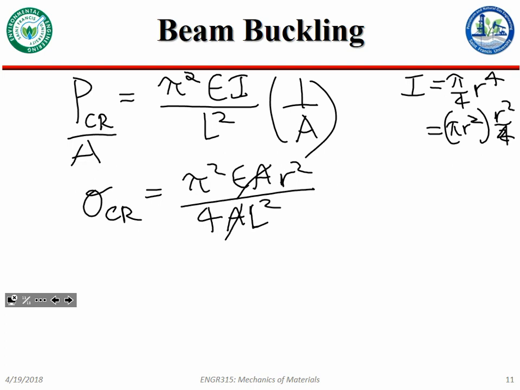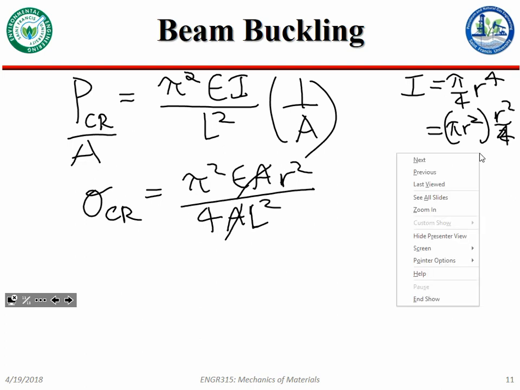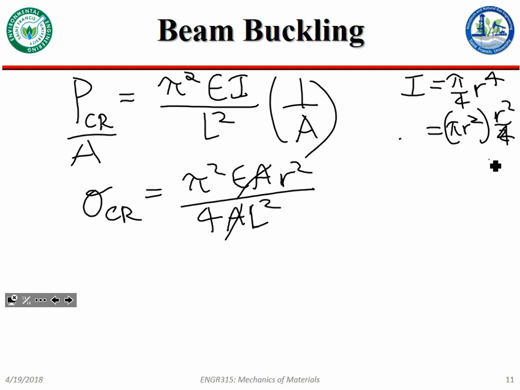And for a circle, this is your second moment of area, right? And if I wanted to pull a pi r squared, an area, out of that, I could do that. That's just a group of numbers. There we go. And that gives me that.